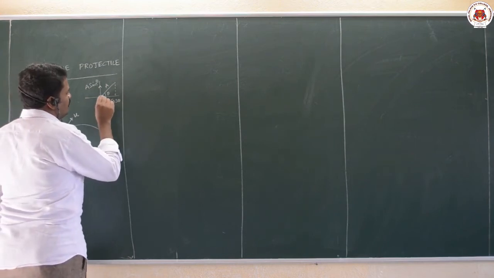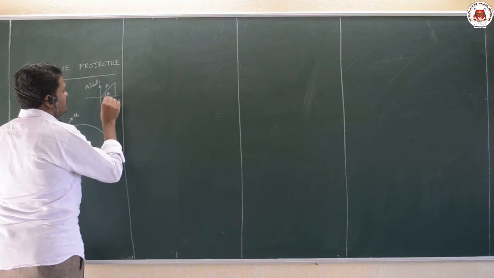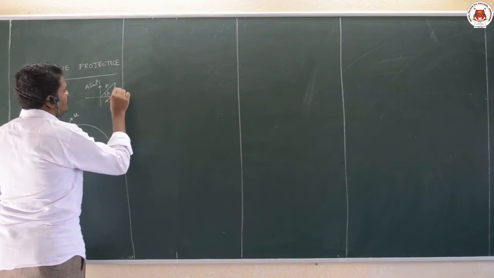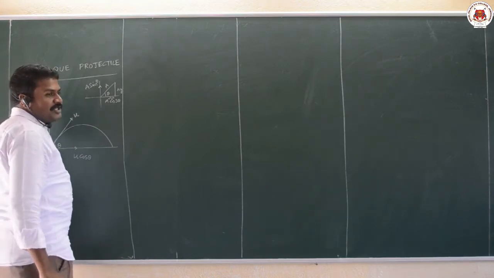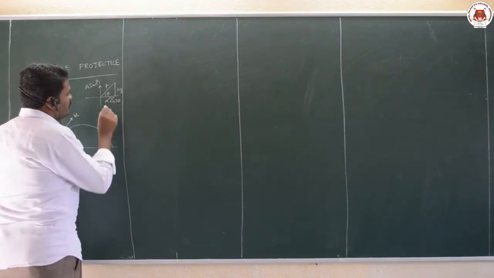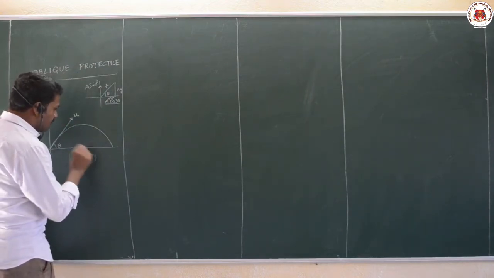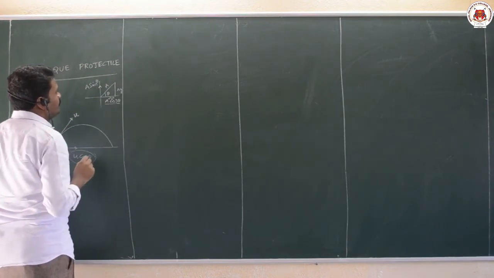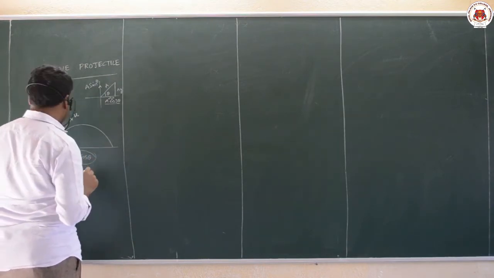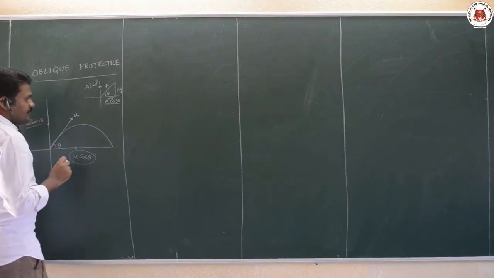This is along x axis, this is x component, this is y component. You can take this as Ax, this as Ay. Cos theta is equal to Ax by A, then Ax is equal to A cos theta. That means along x axis you will get u cos theta, and sin theta is equal to Ay by A, so you will get A sin theta. That is why this is u sin theta, u cos theta.